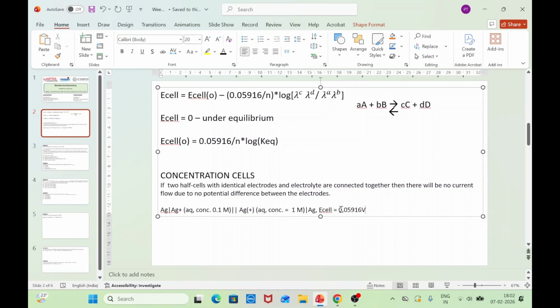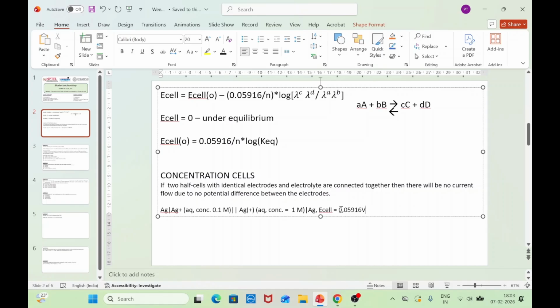Because of the difference in the concentration of the electrolyte, as we discussed in the previous live interaction sessions as well, there is going to be diffusion of ions from high concentration to lower concentration because of the difference in their chemical potential, which is going to create a gradient, and because of which there will be diffusion of ions from the high concentration to the low concentration region.